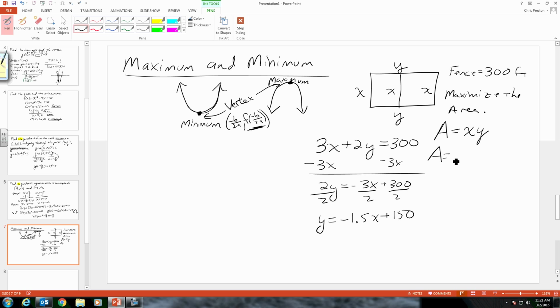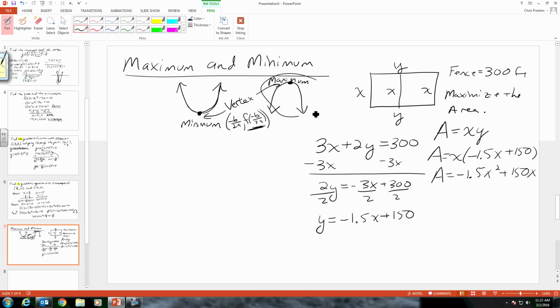So area equals x times what we just said y was, negative 1.5x plus 150. And if I just distribute that, negative 1.5x squared plus 150x. Well, this is a quadratic equation for the area, and it's facing down.